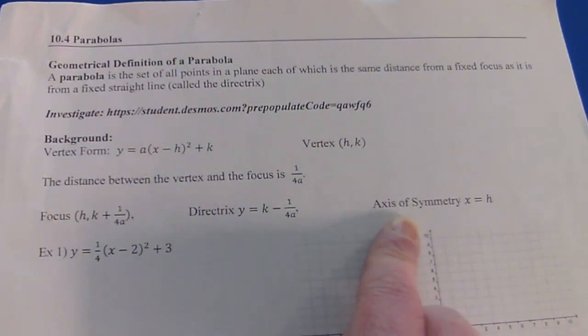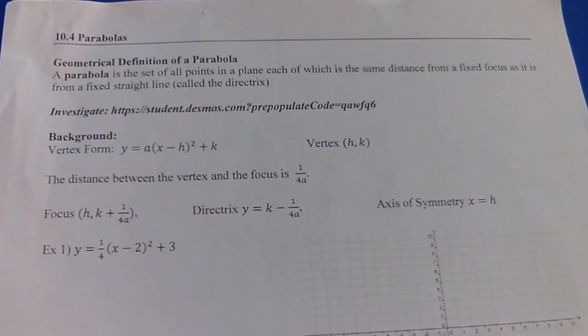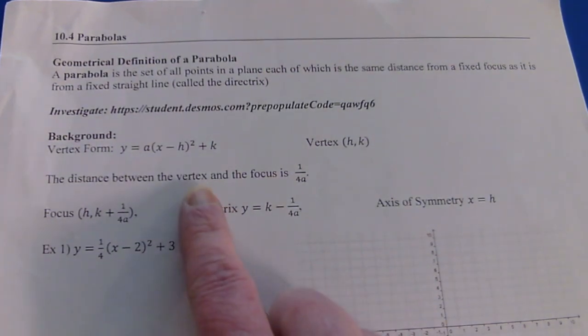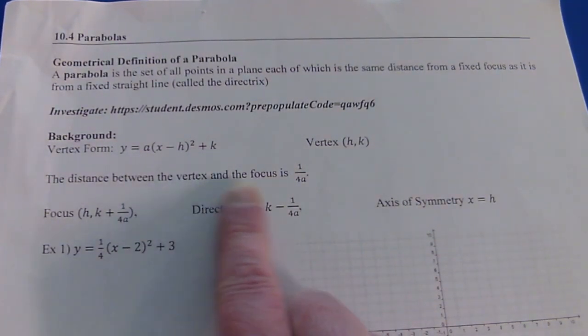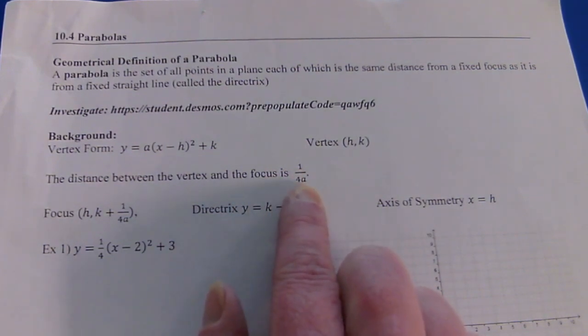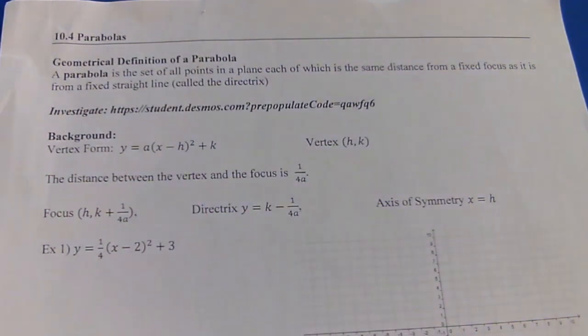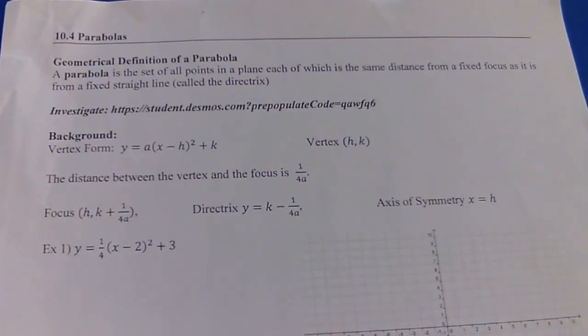We would know our axis of symmetry, x equals h. It's going straight through the middle. But to find the distance between the vertex and the focus, all I'm going to do is 1 over 4a. So I'm going to take that a, 1 over 4a. Super easy in this form, I think. So I'm going to go ahead and do the problem in that way, and then I'm going to show you a different way to look at it.